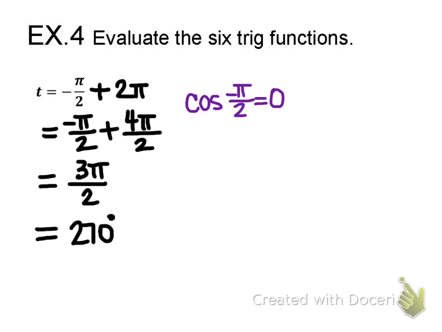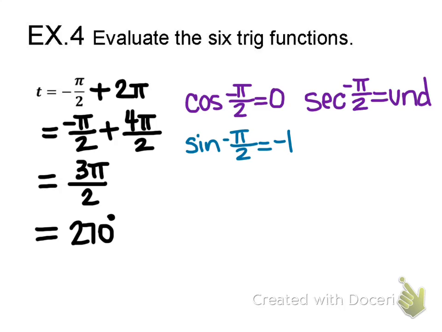So the cosine of negative pi over 2 is equal to 0. The secant of negative pi over 2 is its reciprocal. Reciprocal of 0 is always going to be undefined. If you take 0 and you flip it over, you're dividing by 0, and you can't do that. Okay, the sine of negative pi over 2 is negative 1.